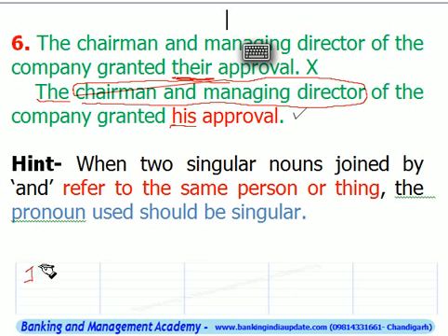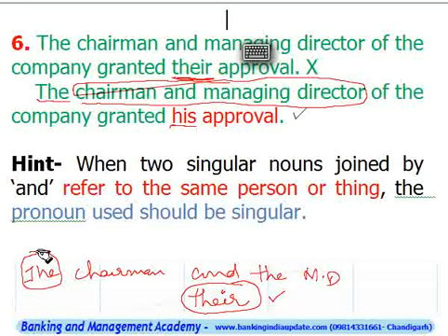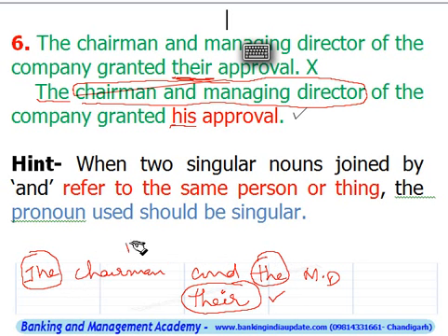If the sentence read like this, the chairman and the managing director of the company granted their approval, then the sentence would have been correct because by using the article the twice, we have made it clear that these are two different people.